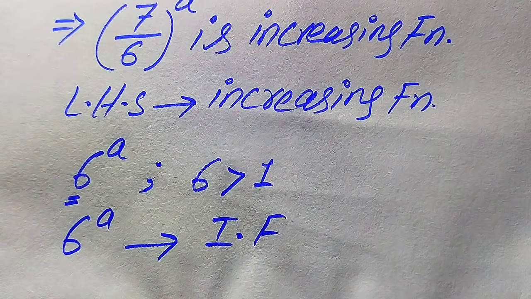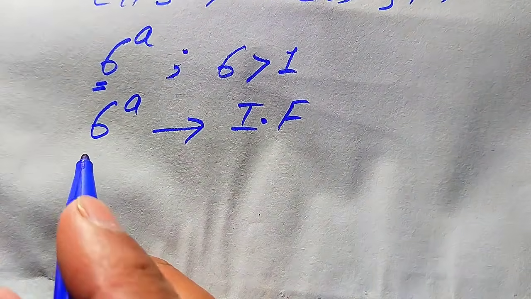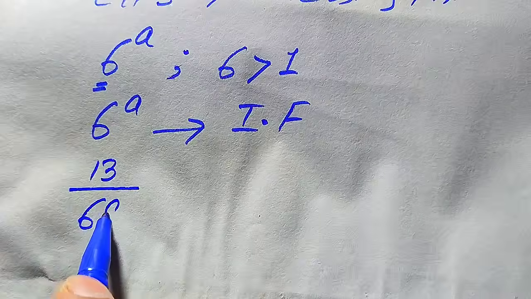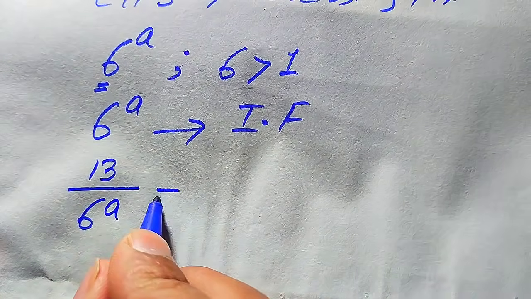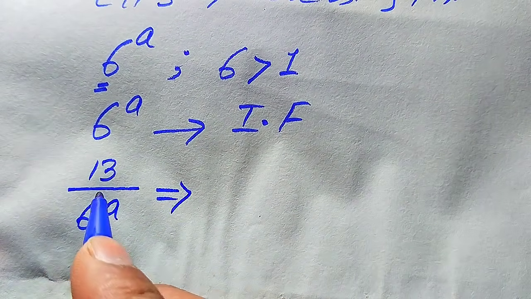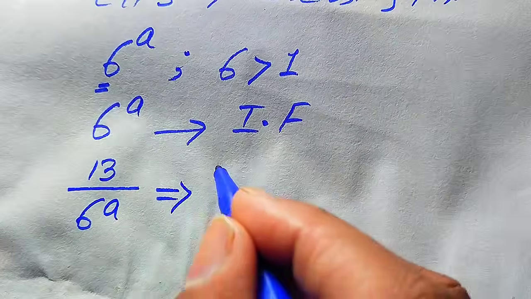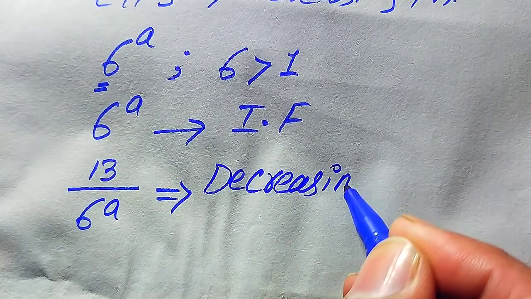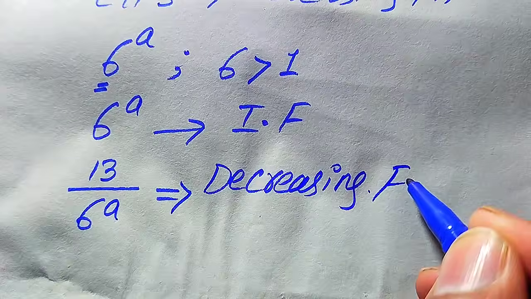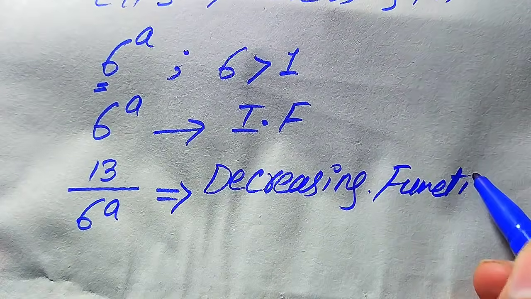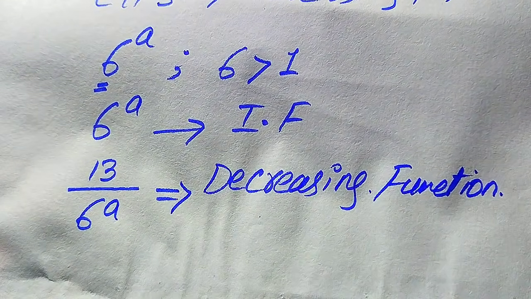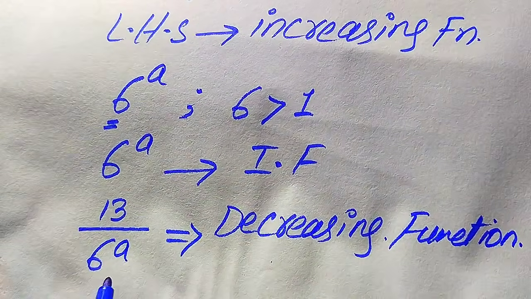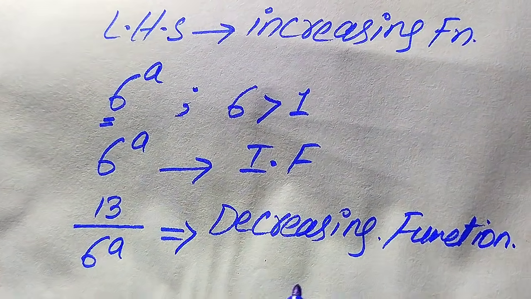But when this increasing function moves to the denominator side, the whole function becomes a decreasing function. So our left hand side is an increasing function and our right hand side becomes a decreasing function.